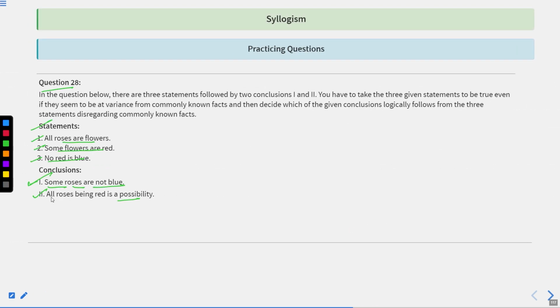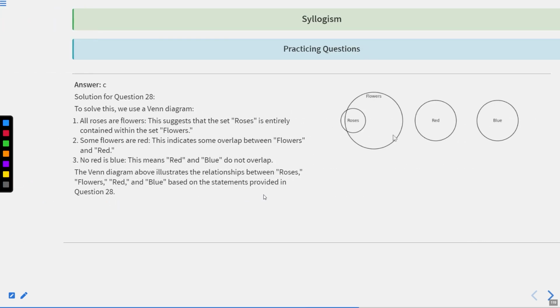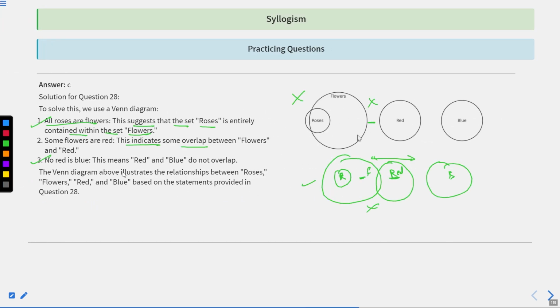The reason being, we cannot come to this particular conclusion, my dear students. Roses and red have not been made any sort of relation through the statement. We have the statements that all roses are flowers, some flowers are red.